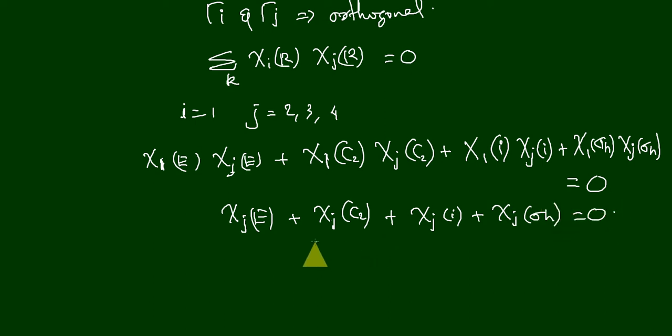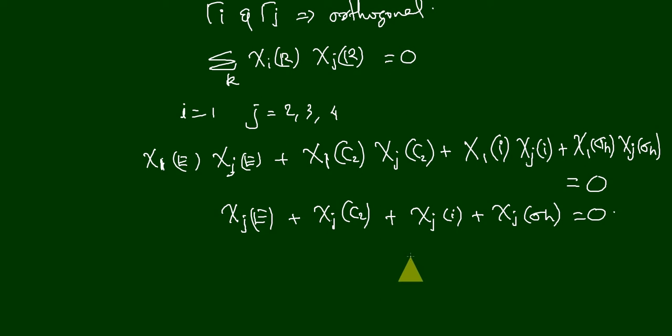That is, for the second, third and fourth irreducible representations, where j is equal to 2, 3, 4, when we sum all the characters, we get 0. That is what it means. We will get 0 when we are summing up all the characters in the second, third and fourth irreducible representations.